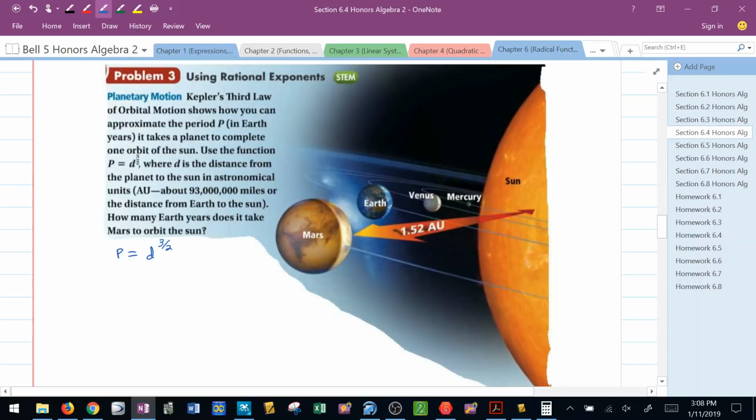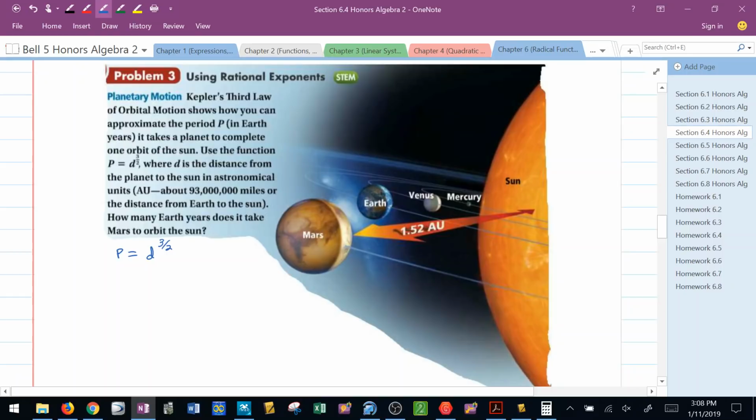So what you're going to start to see in science classes is sometimes they're not going to use the radicals, the square roots, the third roots, the fourth roots. Instead, they'll give it to you in a fractional exponent form. All right, and it says where d is the distance of the planet to the sun in astronomical units, AUs, which is about 93 million miles, or the distance that the Earth is from the sun.